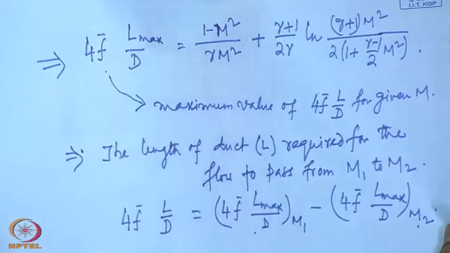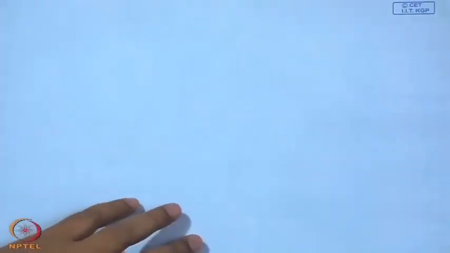So, we can very easily find what would be the length of a duct required if we want to accelerate the flow in case of a subsonic flow, or decelerate in case of a supersonic flow, from a Mach number M1 to a different Mach number M2.